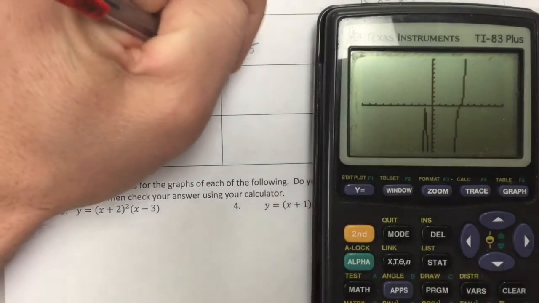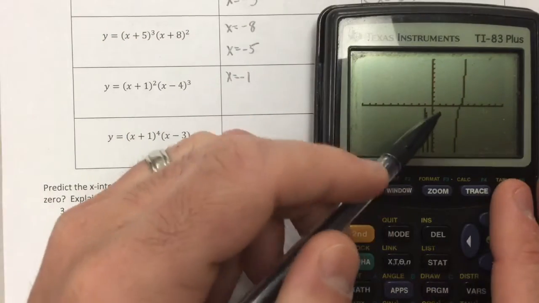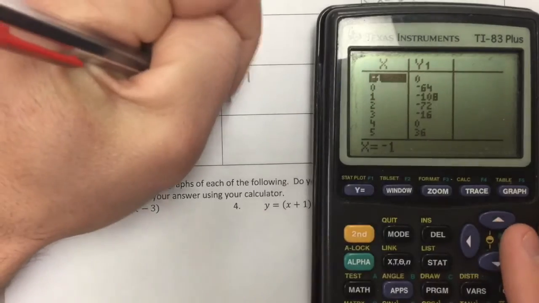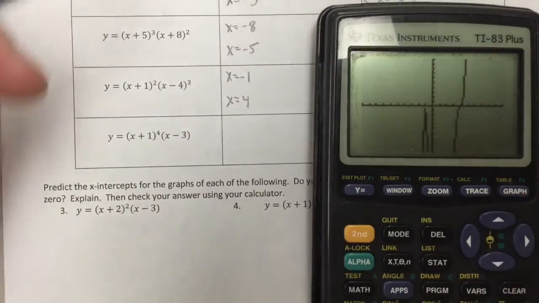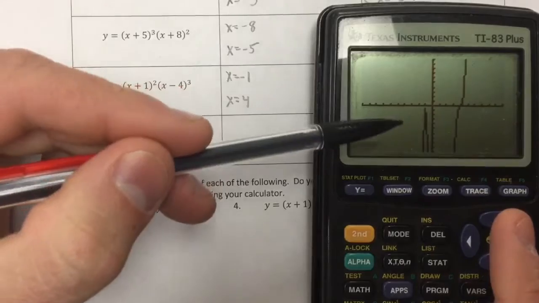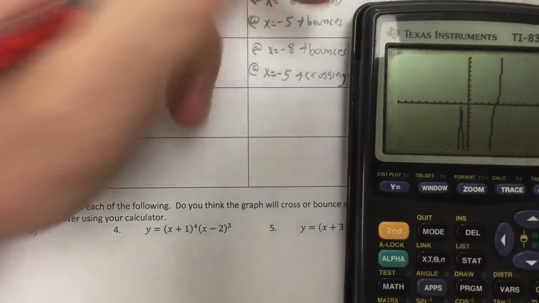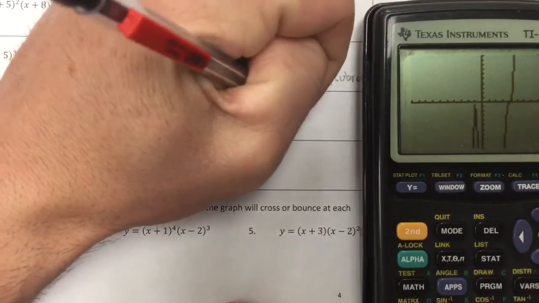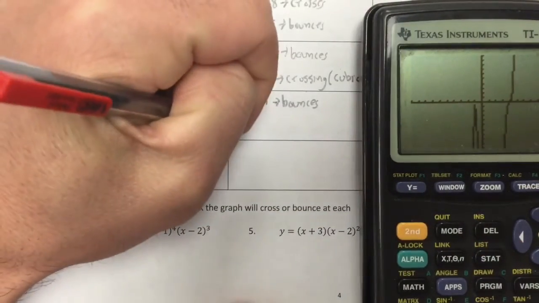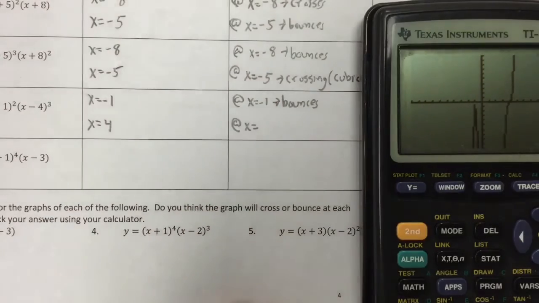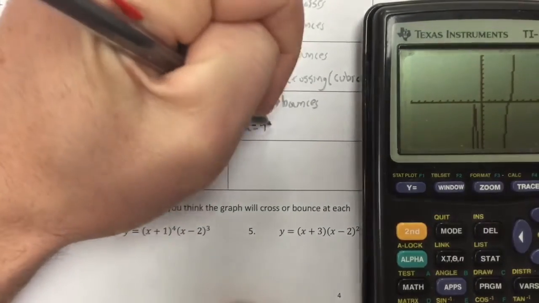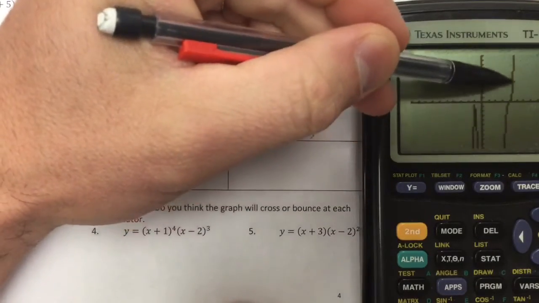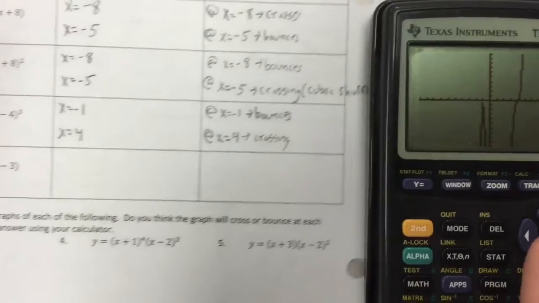And again, so x equals -1, and it looks like 4. We can double check that. 4, 0, yep. And again, it's going to be bouncing at the -1. And at x equals 4, it is crossing. But again, it is flattening out a little bit. It's not crossing straight through, so we're going to be doing that cubic shuffle.